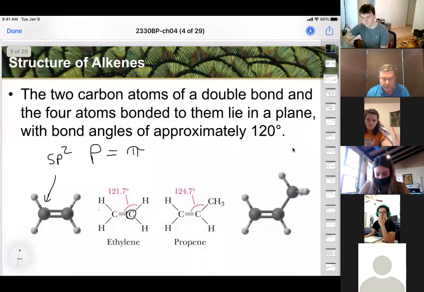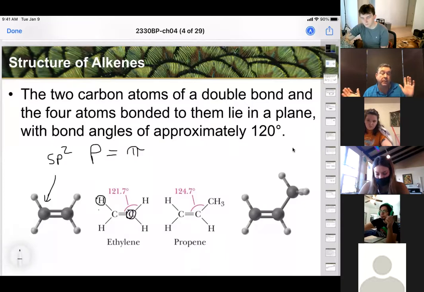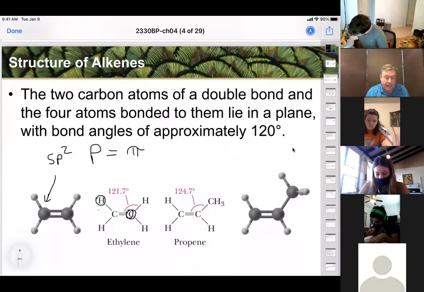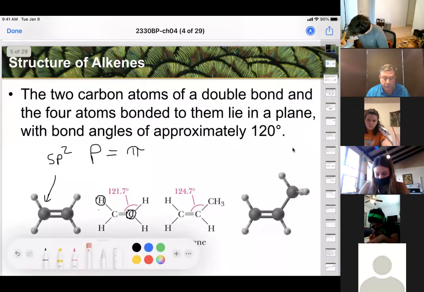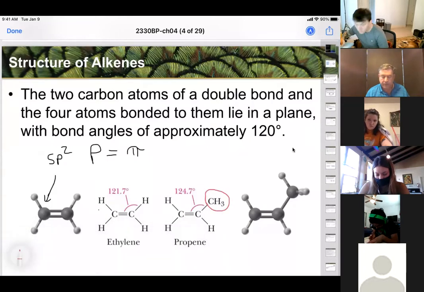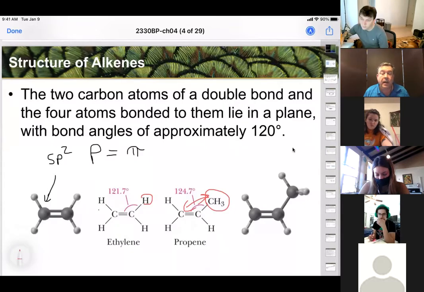This carbon is bigger than this hydrogen, so that's stretching that angle out just a little bit. And that stretch gets even more pronounced when the group gets bigger. When we add a methyl group here instead of a hydrogen, it stretches out even more to 124, but it's still close to that idealized 120 degrees we're expecting for a trigonal planar molecule.